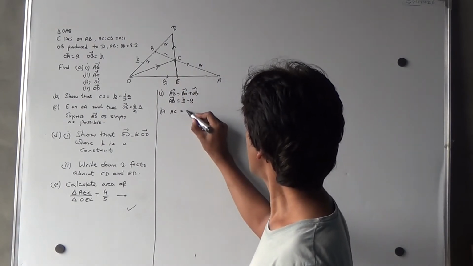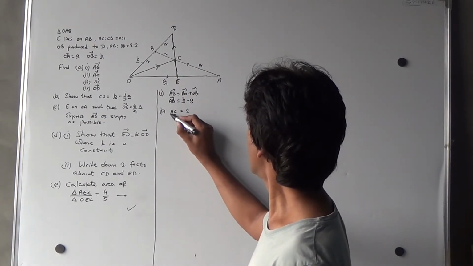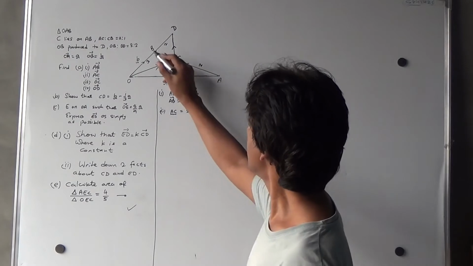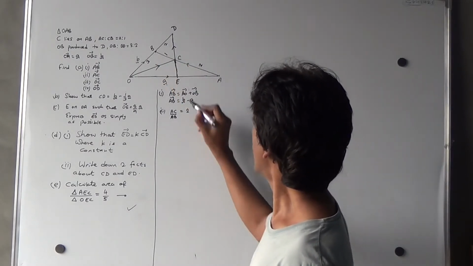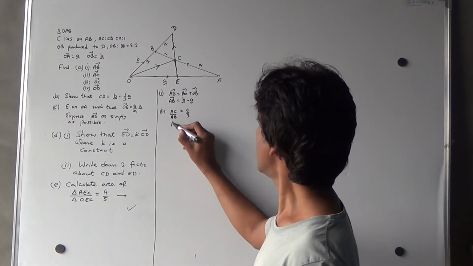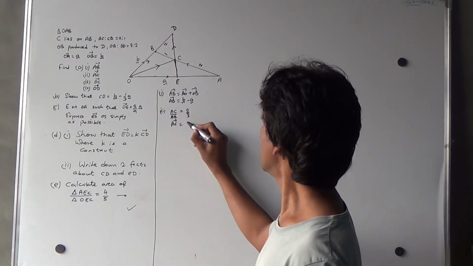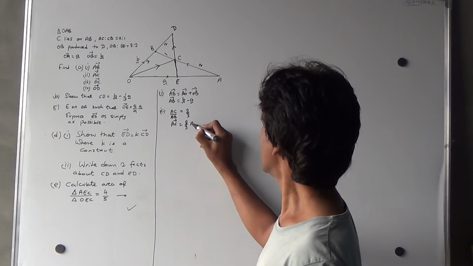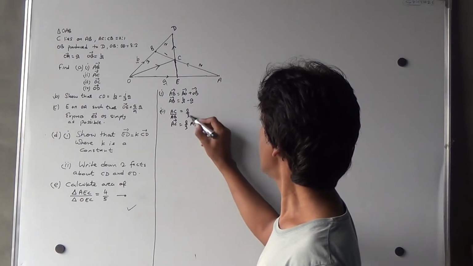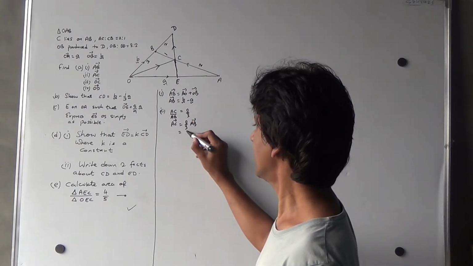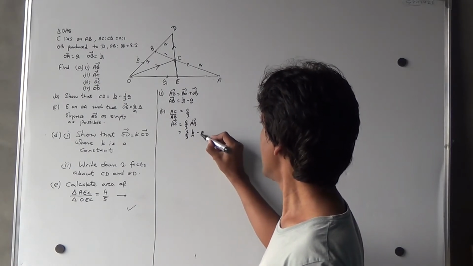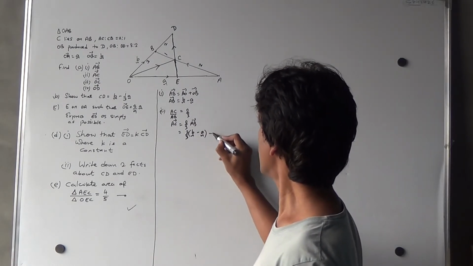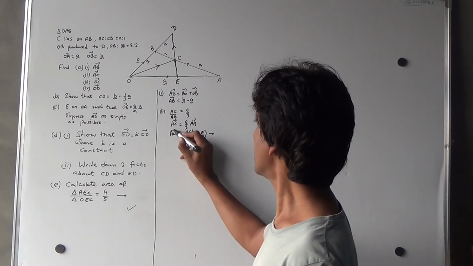Therefore, AC is 2 over AB, where AB is 2 plus 1, which is 3. That means the vector AC is 2/3 of the vector AB. So we have 2/3 vector AB, which is B minus A, and that was just found. So this is vector AC.